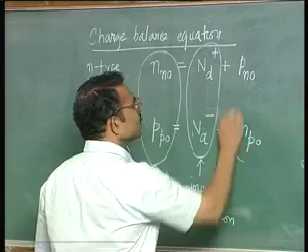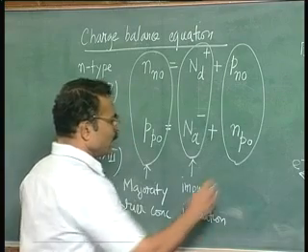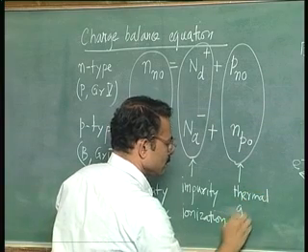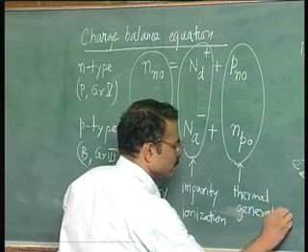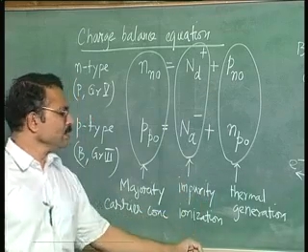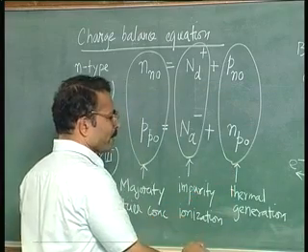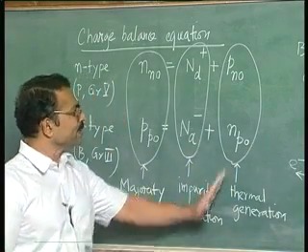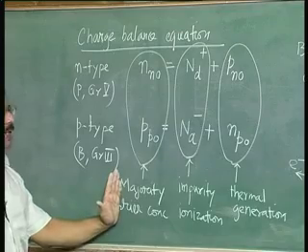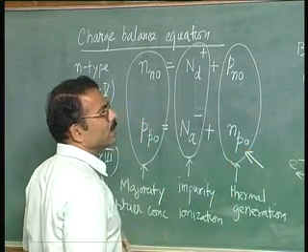And this represents the minority carrier concentration or the thermal generation process. So this can be called thermal generation or impurity ionization. And alternately, or in addition to the fact that these carriers are created by thermal generation, you know that these are minority carriers. So left hand side you have majority carriers, these are the minority carriers. So we will also write here minority carrier concentration.